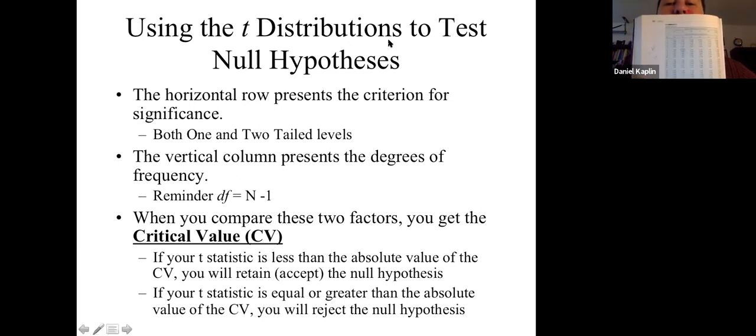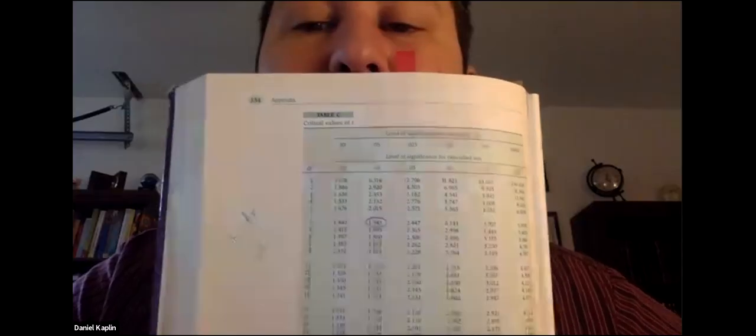Now, because I'm actually fairly small on the screen, let me do it this way. This is probably easier for you to see, right? So you'll see the level of significance at the top. And at the top, this is one-tailed. The one below it is two-tailed. And then going down, you'll see the number of participants.